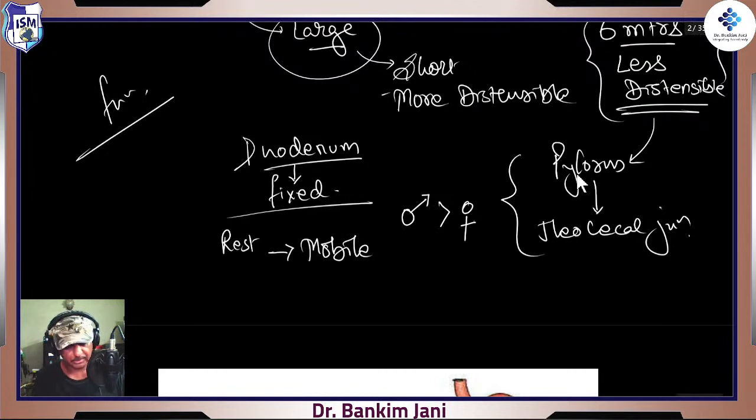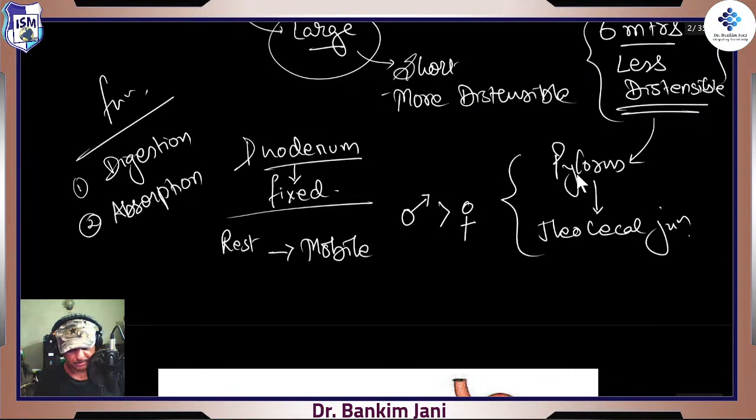About functions: one is digestion. The things which are straight and simple we are taking a bit fast. Then absorption, and there is another interesting thing. When we talk about absorption, we'll see that it is thrown into many mucosal folds, and these mucosal folds increase the surface area.